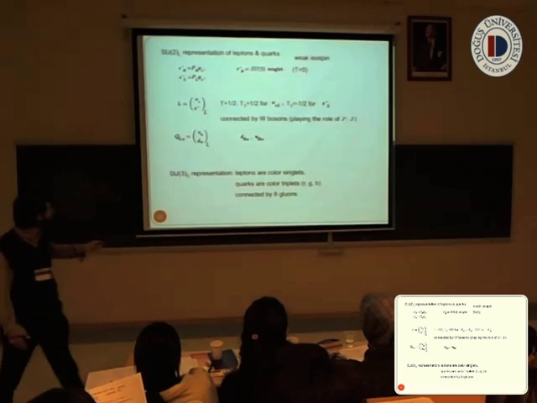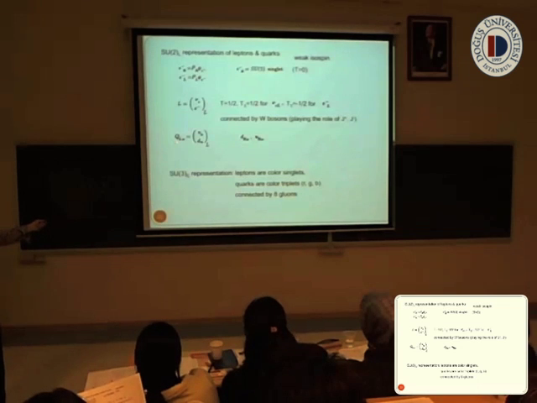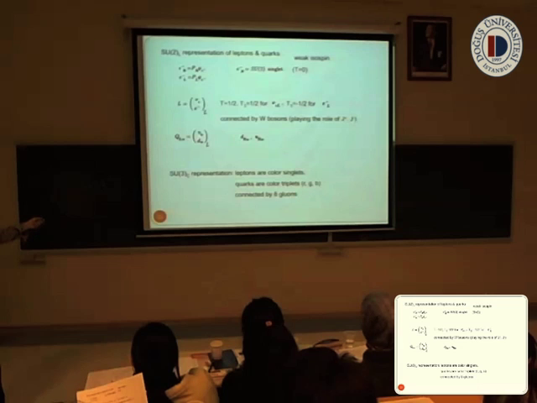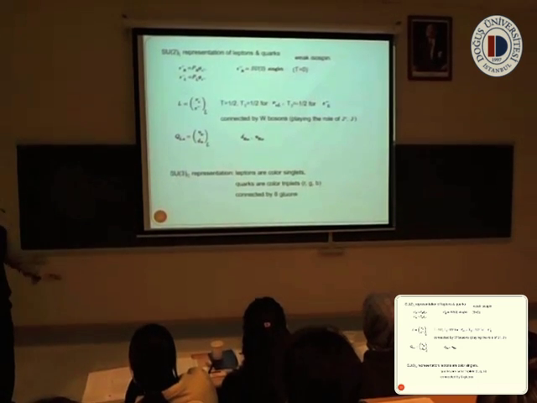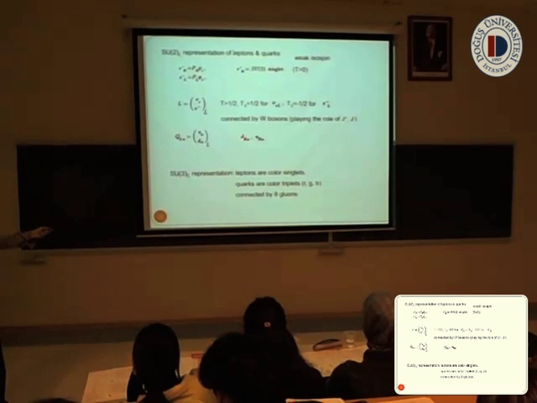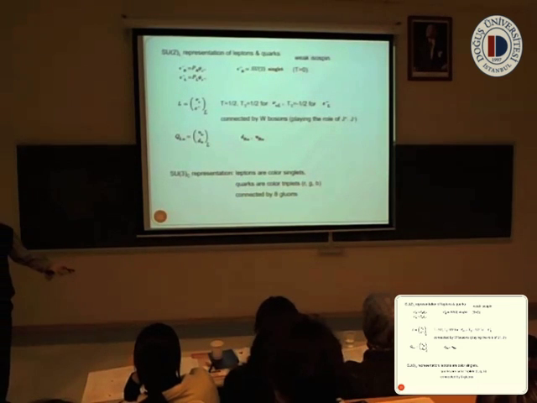So for example, this object, Q_L alpha, is two-dimensional in SU2 space and three-dimensional in color. Each of these are three-dimensional in color space. And also, they are all Dirac spinors, so each one of these is a four-component object in regular space.